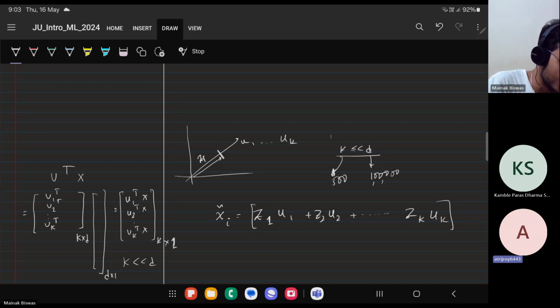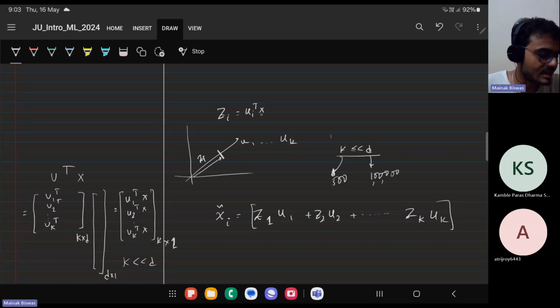Zi is Ui transpose X, along U1, along U2. Since X is a vector, I have to define Xij for you.